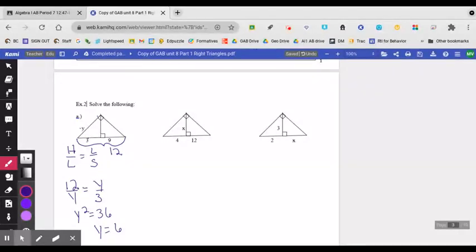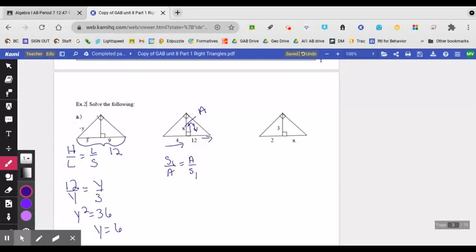For the second example, I'm looking for the altitude. Since I'm looking for the altitude, I'm going to use SAS, which is segment 1 is to the altitude as the altitude is to segment 2. Another way to think of this is that it makes an altitude symbol.